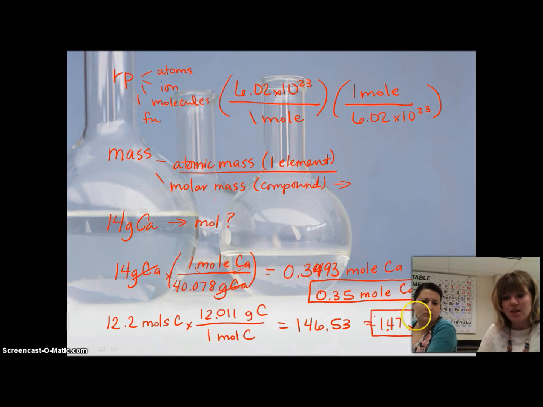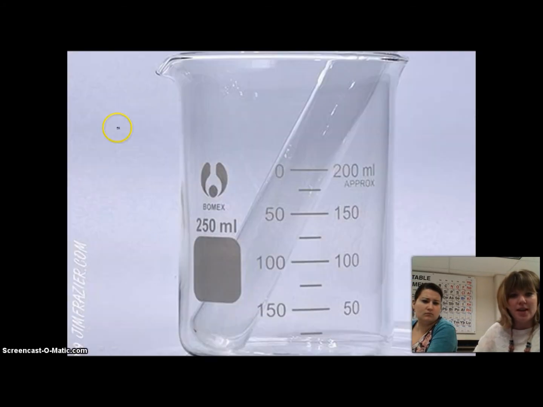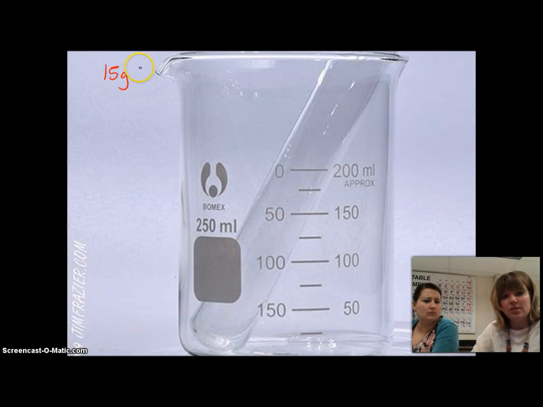Okay? Alright, so let's do an example of molar mass here. And to do molar mass, it's going to be the same thing. Let's do maybe 15 grams of calcium hydroxide, and we want to go to moles. So to do that, we would just take the 15 grams of calcium hydroxide.